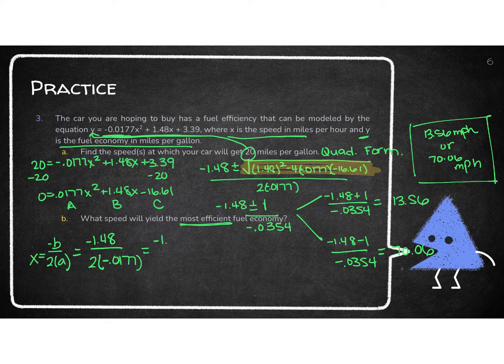We know that negative 1.48 is going to be over negative 0.0354, which is going to end up giving me 41.81. So 41.81. That's my x, so that's going to be my speed.